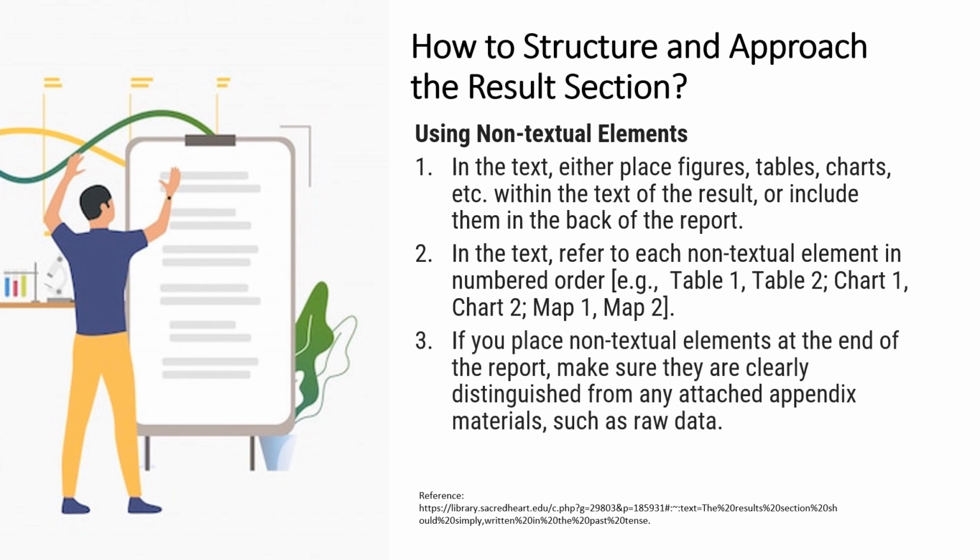And if you place non-textual elements at the end of the report, make sure they are clearly distinguished from any attached appendix material such as raw data. So there should be proper label whether what these non-textual elements are. So later on, we will also have a separate discussion how you would write the appendices of your research paper.